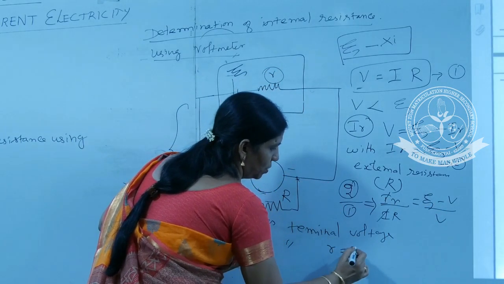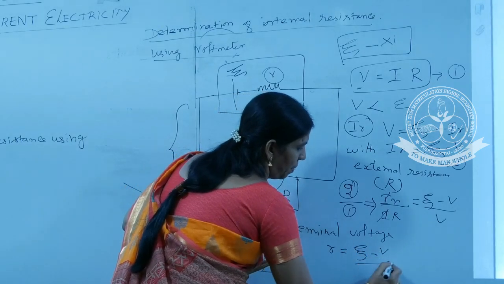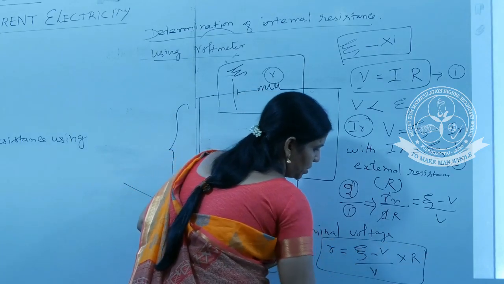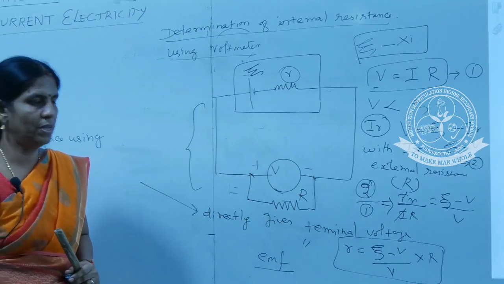So, r is equal to (Xi minus V) by V into capital R. This is the expression for the internal resistance of a cell.